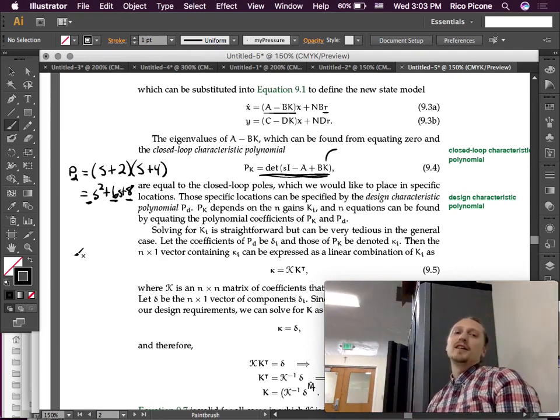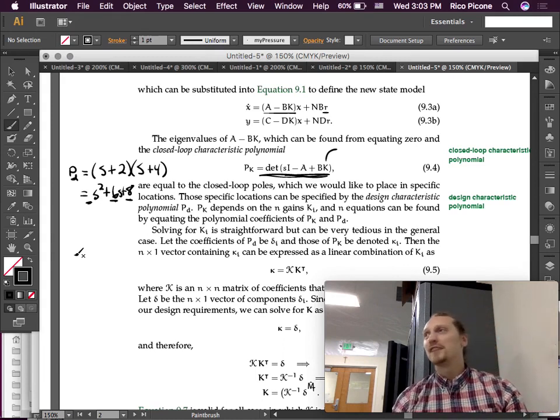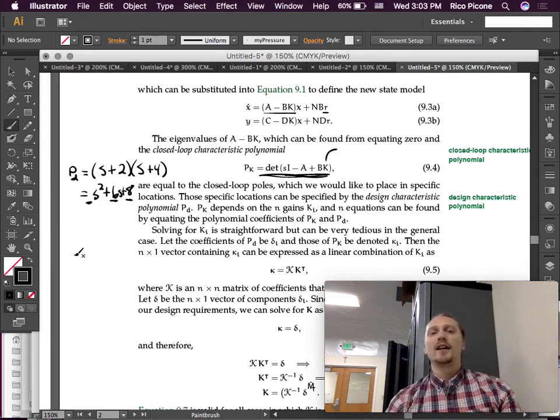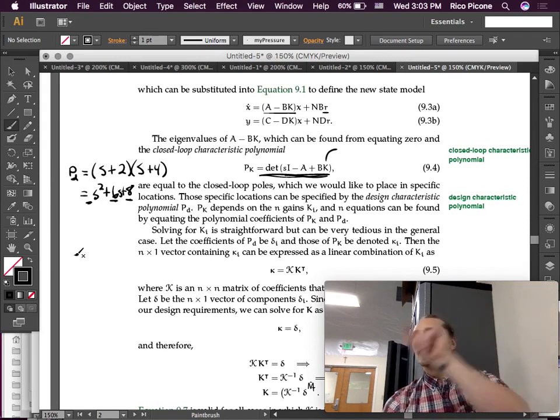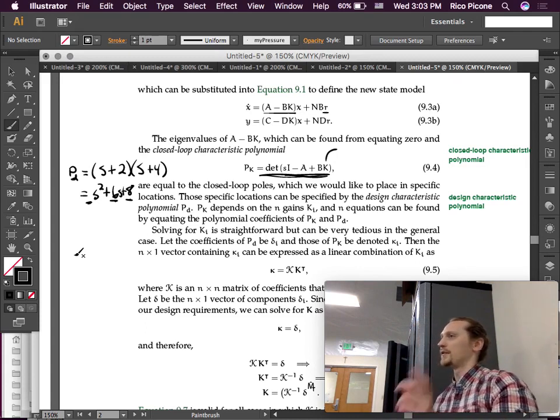But suffice it to say, it always comes out to a real polynomial, and that real polynomial can be solved for what those gains need to be. It essentially just comes down to solving an algebraic problem of equating coefficients. Two polynomials you want to be equal with variable coefficients, so you have to set all the coefficients.